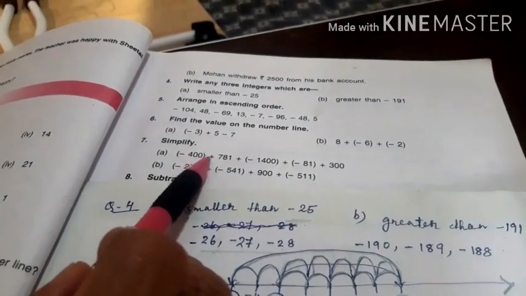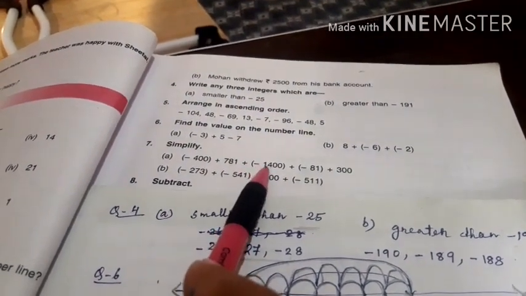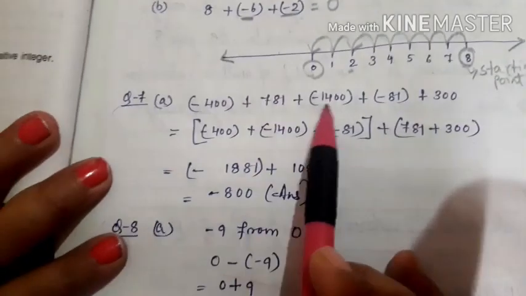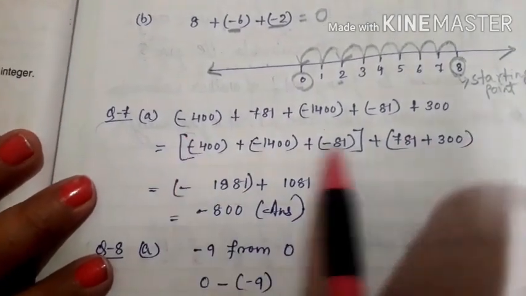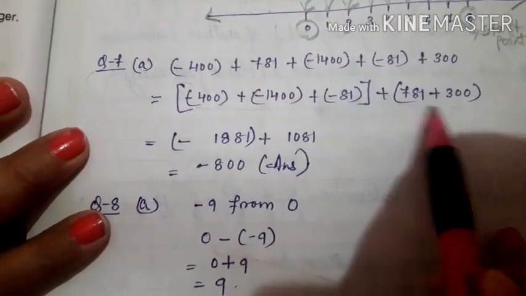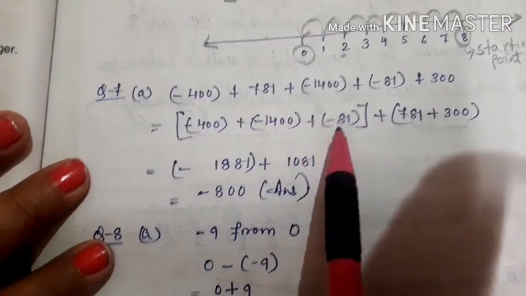Then question number 7. Simplify. -400 plus 781 plus -1400 plus -81 plus 300. See, all negative integers I have put in one bracket, taking them as one group, and positive integers in another group. See, -400, -1400, -81.